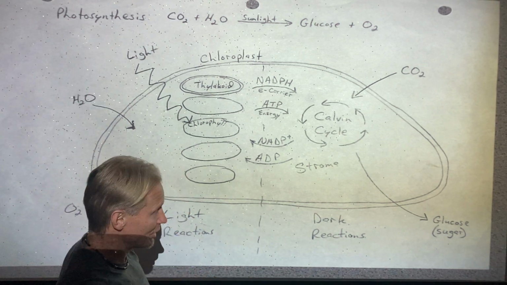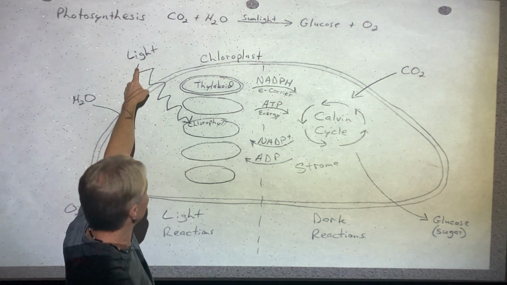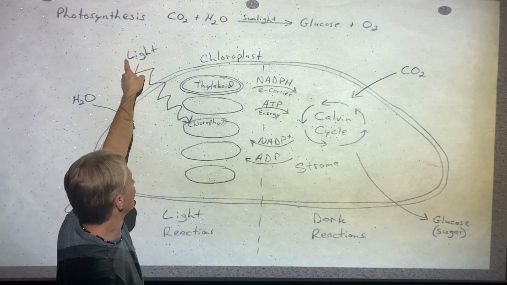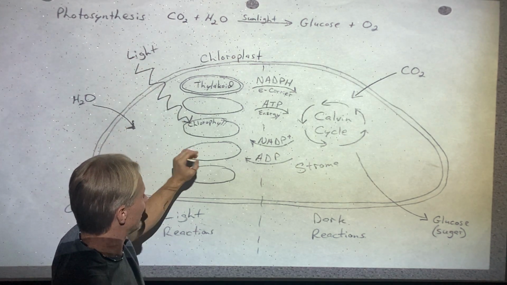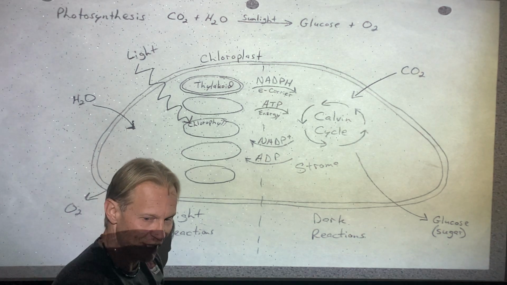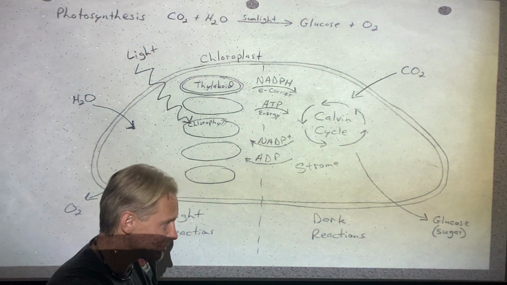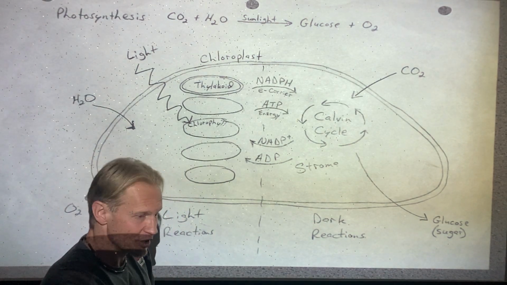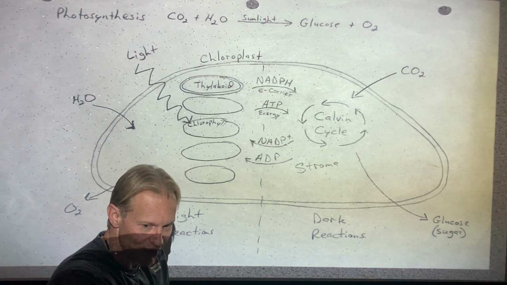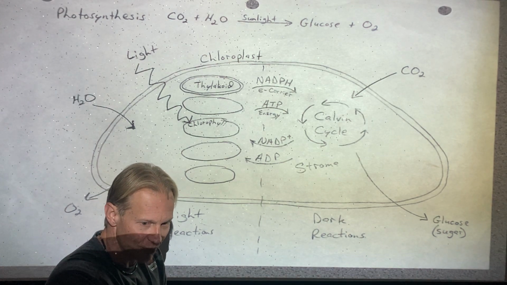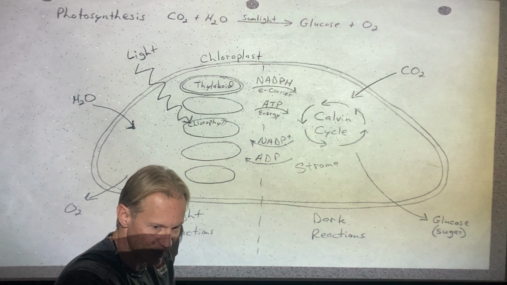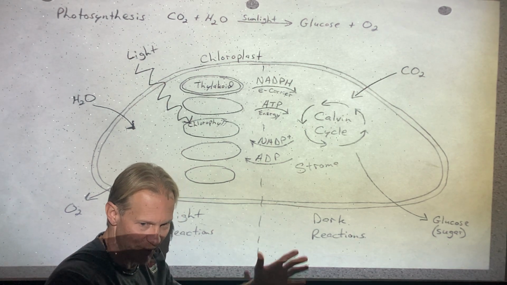So let's start where the whole process starts, with sunlight. Sunlight enters the leaf, and the leaf doesn't use every color of sunlight. That's something you want to know for the test. You all know that leaves are green, right? Well, they're only green because they don't use green light. They reflect the green light back out.